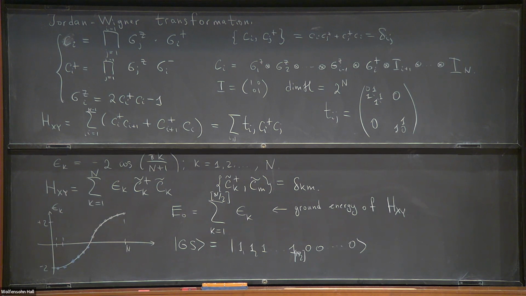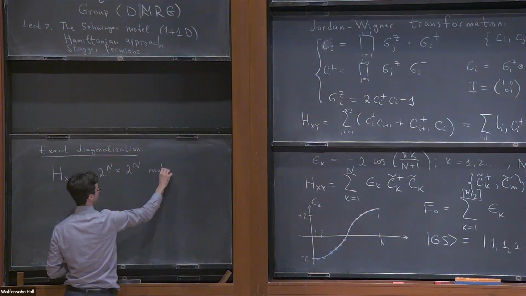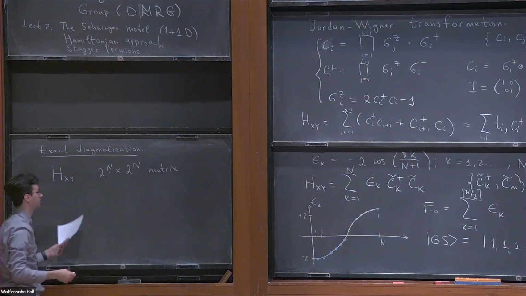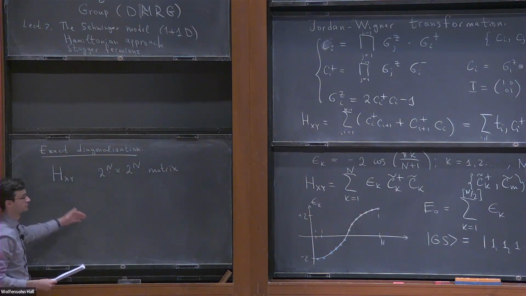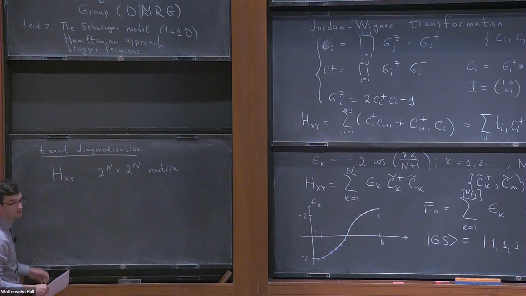So the exact diagonalization approach would be to just build H_XY on a computer as a 2^n times 2^n matrix, and just diagonalize this matrix and find its energy levels, and they have to coincide with what we found theoretically here.